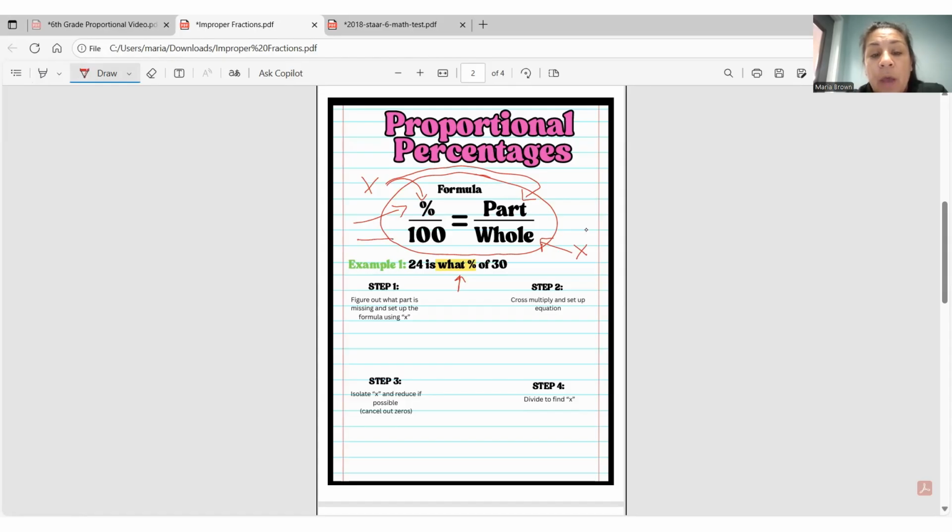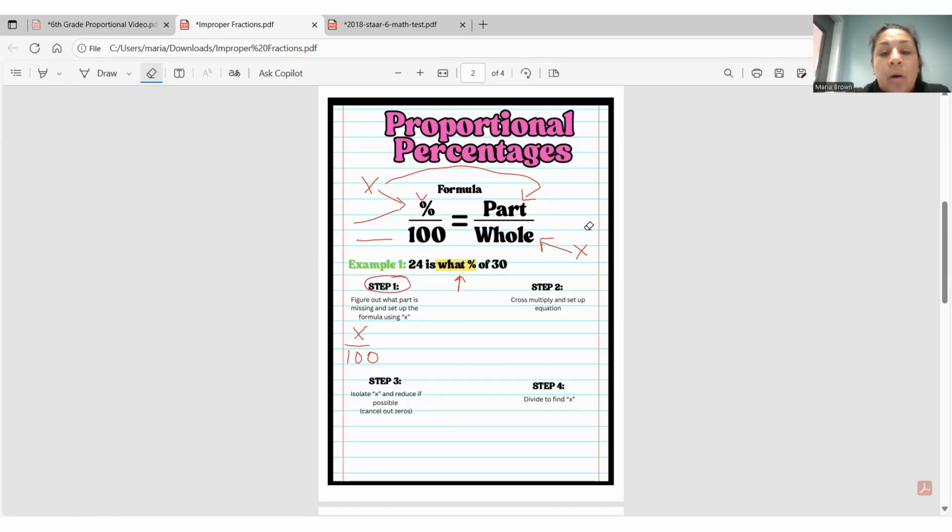The 100 will always be the same no matter what problem we're dealing with. So down here in step one, I am going to put x over 100. The reason is that we're looking for the percent right here, and we're going to be solving for x.